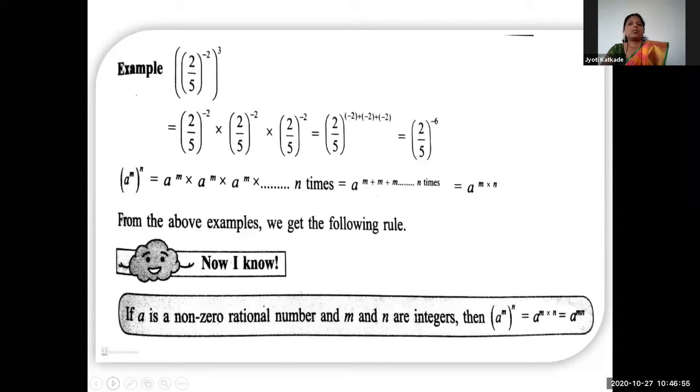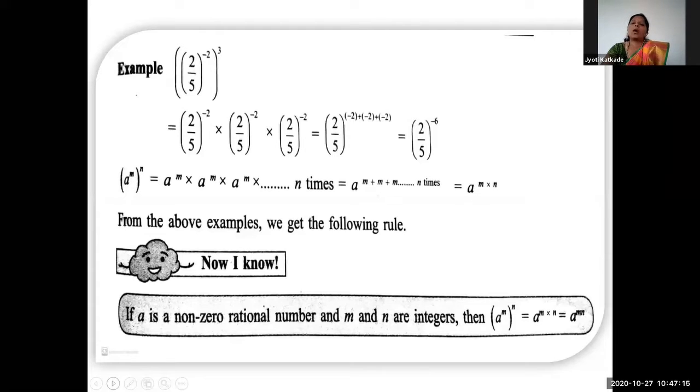Again -2 -4, add the numbers. When minus minus is given, we have to take addition, but the sign of the answer is minus. So -2 -4 we get -6. So (2/5)^-6.